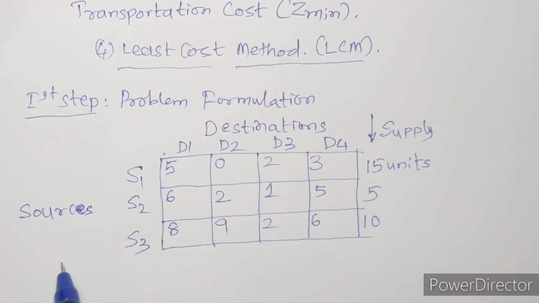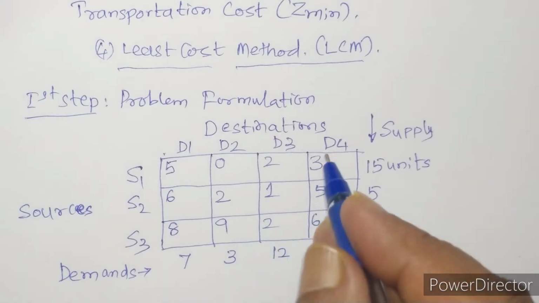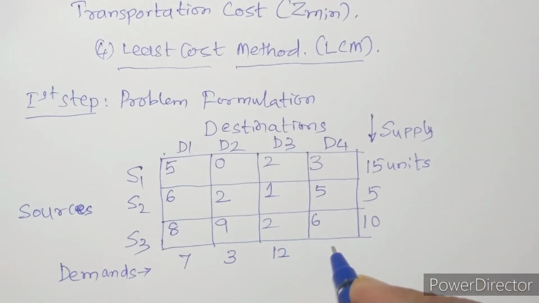And demands from the dealers are written below the columns: 7, 3, 12, so D3 has demanded 12 units and D4 has demanded 8 units.